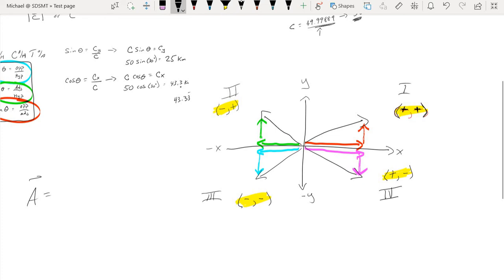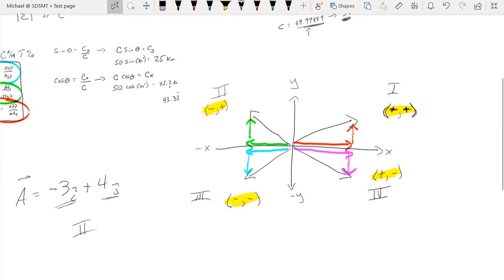So let's say we had a vector A with components -3, +4. What quadrant would that be in? It should only take you maybe 2-3 seconds to answer that, but this is a second quadrant vector because we have a negative x component and a positive y component, and that's only going to happen in quadrant 2.